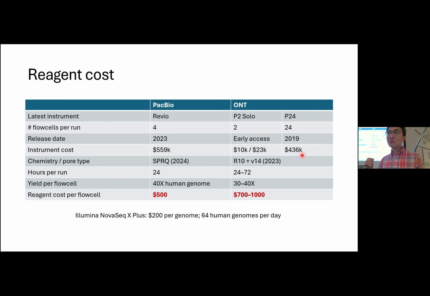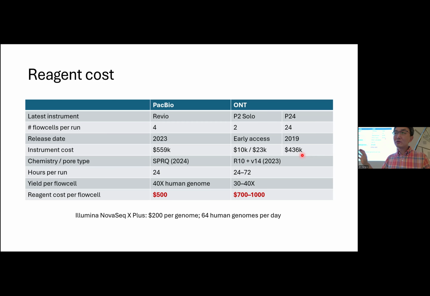This means that if you do a run once, each flow cell gives you enough data for assembly or variant calling. And the reagent costs, the latest reagent costs, again got from the website. It doesn't include the human cost, the instrument cost, electricity and all the other things, just the chemistry. And the claim is $500 for PacBio.